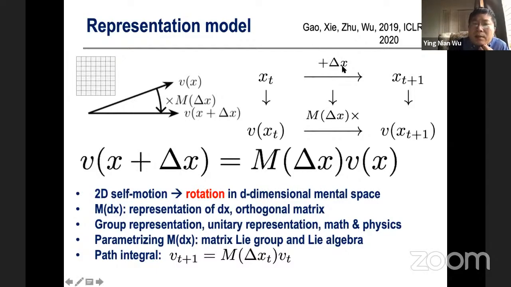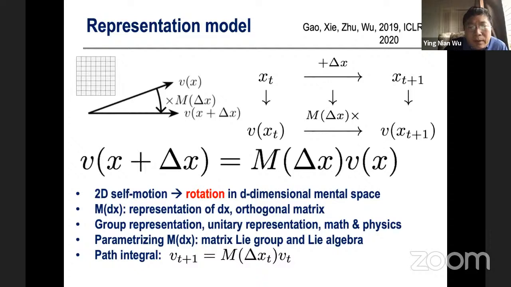So those delta x together, for different values of delta x, they form an additive group, right? This is the so-called 2D Euclidean group, very simple addition. So the group action is simply an addition, and the group representation means that you want to use a set of matrices to represent those group actions, and often people want to use the so-called unitary representation, so that each matrix M of delta x is an orthogonal matrix, or unitary matrix in general.